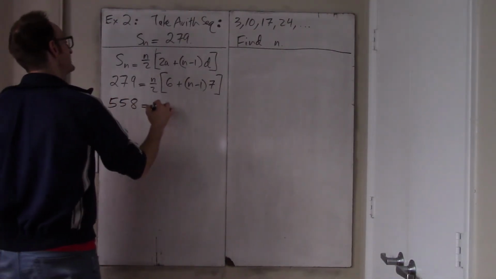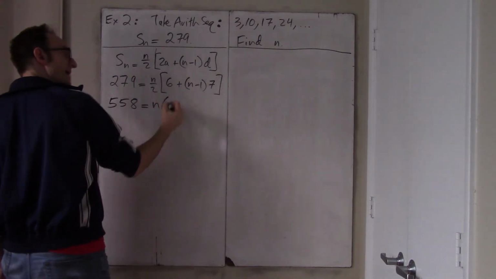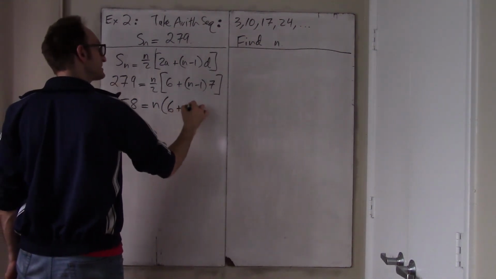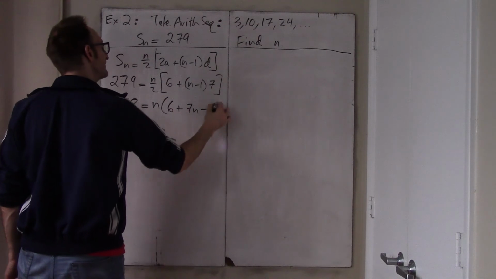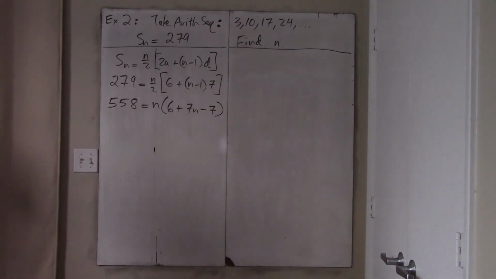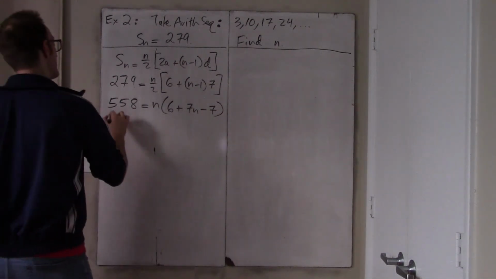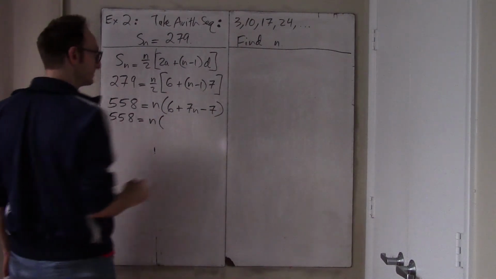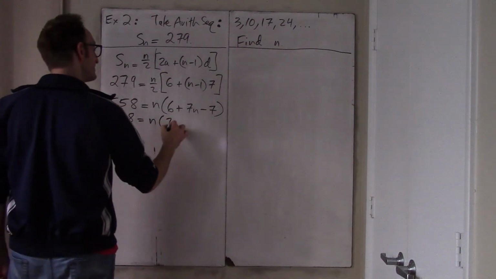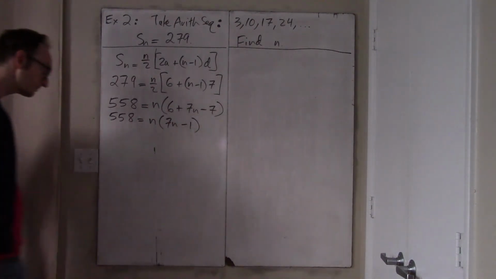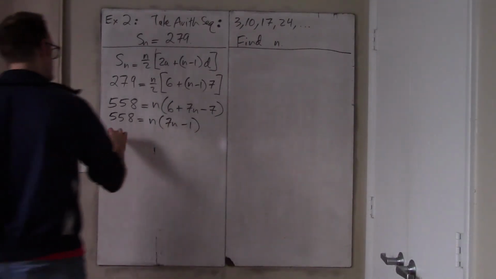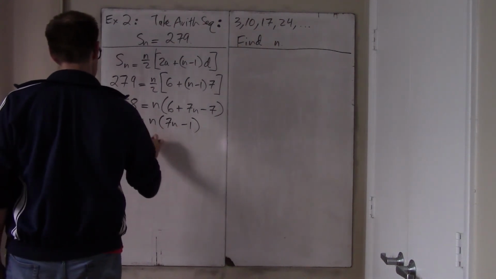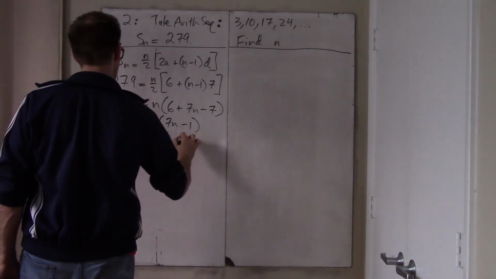So 558 equals n times (6 plus 7n minus 7). So 558 equals n times, well, that's just 7n minus 1. Okay, so 558 equals 7n squared minus n.